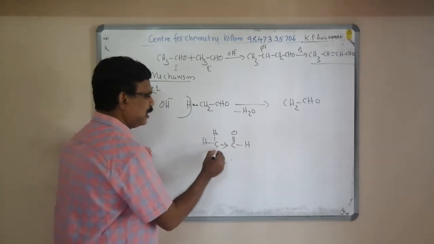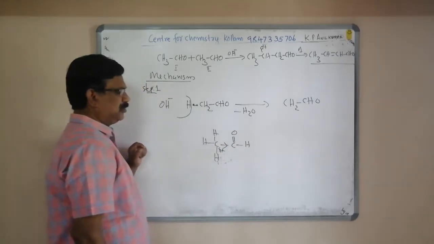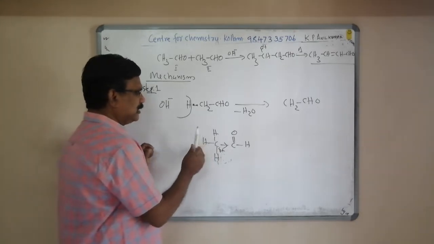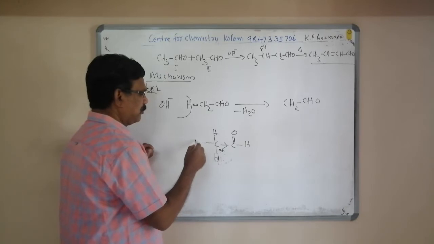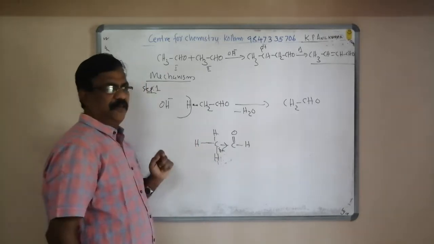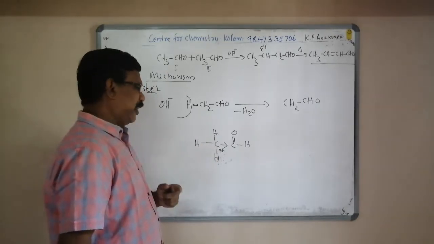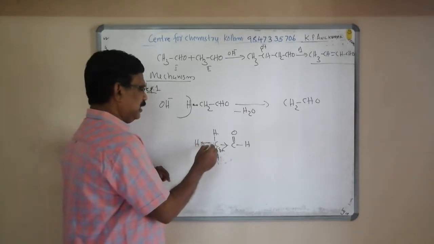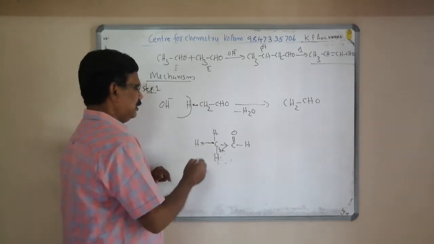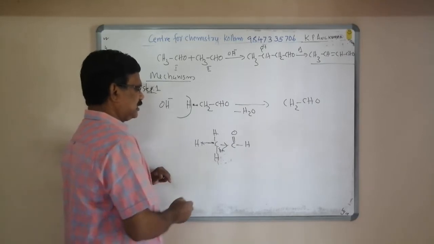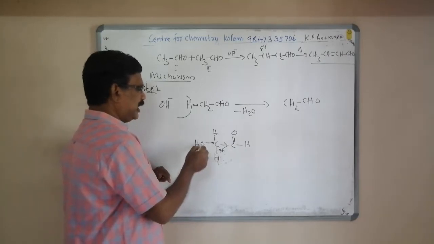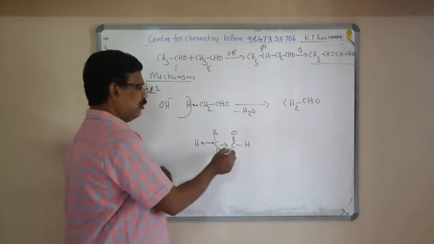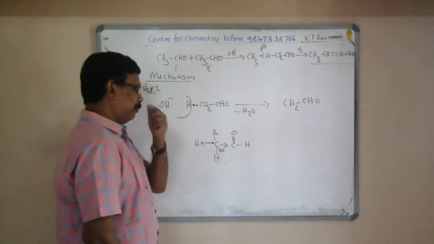That is why this carbon atom carries a partial positive charge. This positively charged carbon weakens the C-H bonds. Three C-H bonds are present, that is, a minimum of one alpha hydrogen. The carbon atom will attract the electrons of hydrogen towards it because it carries a positive charge due to the electron-withdrawing nature of the carbonyl group.